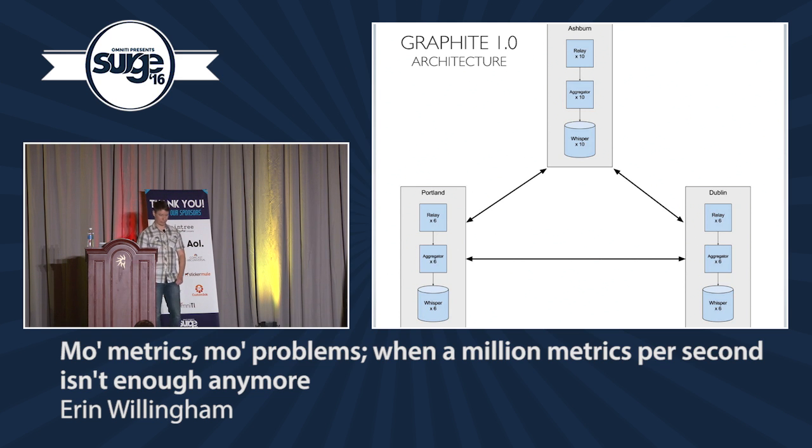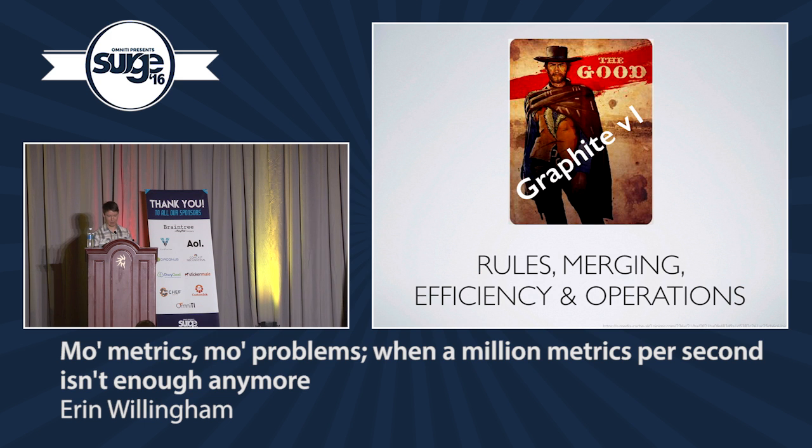The Whisper systems were all able to communicate with one another to query the other Whisper databases for the stats. That layout let us get to about 1.5 million metrics a minute, but that's where we started hitting a ceiling. We'll get into more of that in a few minutes.